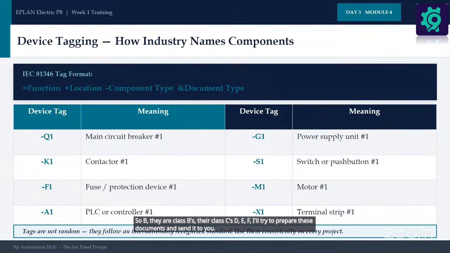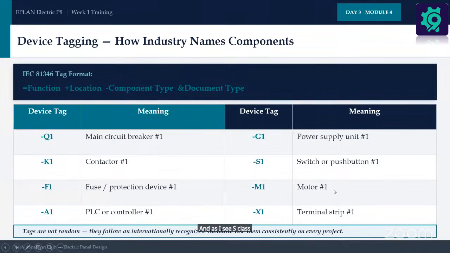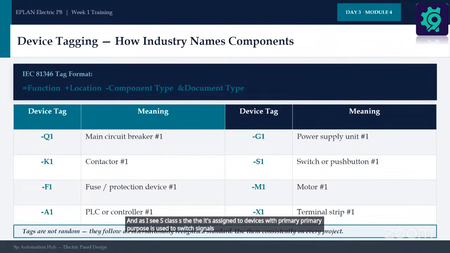But if you go through that standard, you see why different devices are placed under different subclasses. You don't just randomly put them anywhere you like. That's why class S is assigned to devices whose primary purpose is to switch signals in control circuits.